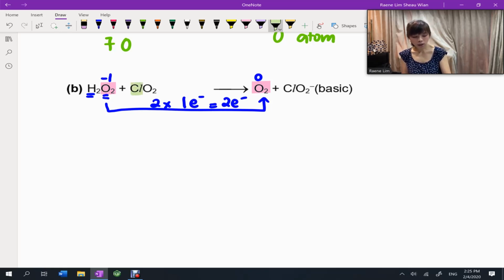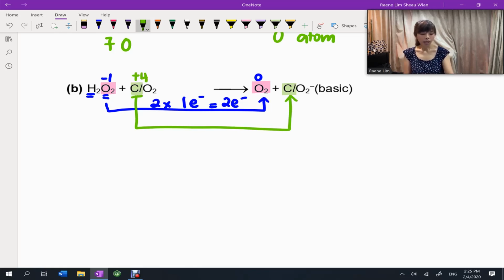Now the next one is your Cl, okay? So ClO2 here is +4, right? And this ClO2- is +3. If you count the oxidation number, +4 to +3 is a transfer of 1 electron since there is only one chlorine atom, so you don't have to multiply by any factor, all right?